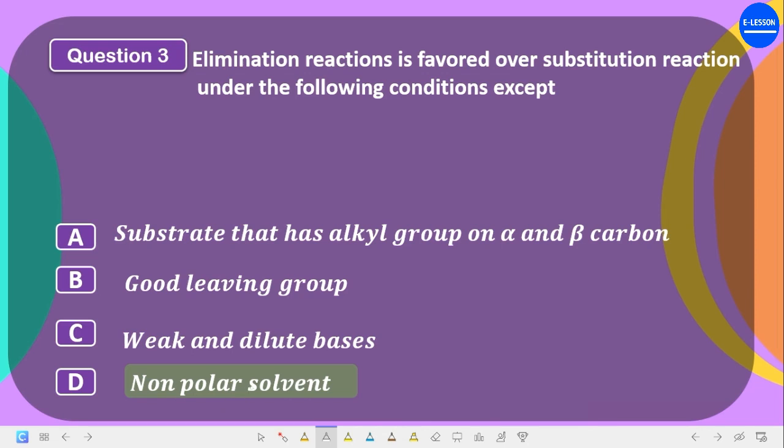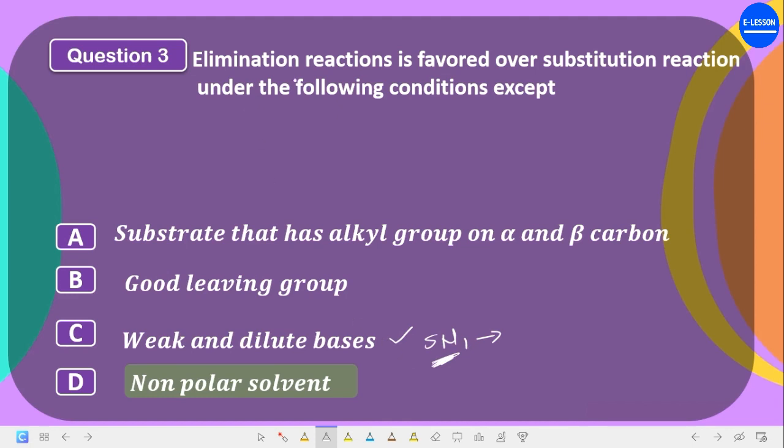Non-polar solvent favors substitution reaction over elimination. Let's go with non-polar solvent, because for weak and dilute bases we also have the SN1 reaction. SN1 is also a substitution reaction, and hence weak and dilute bases favor SN1. I was looking at it from the angle of SN1 and SN2. Are we getting it?